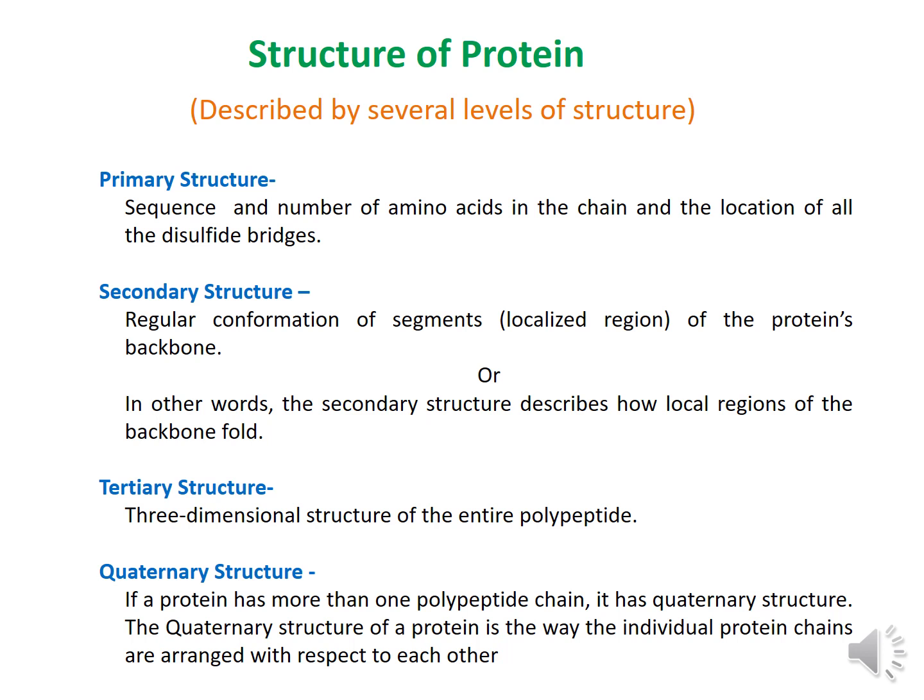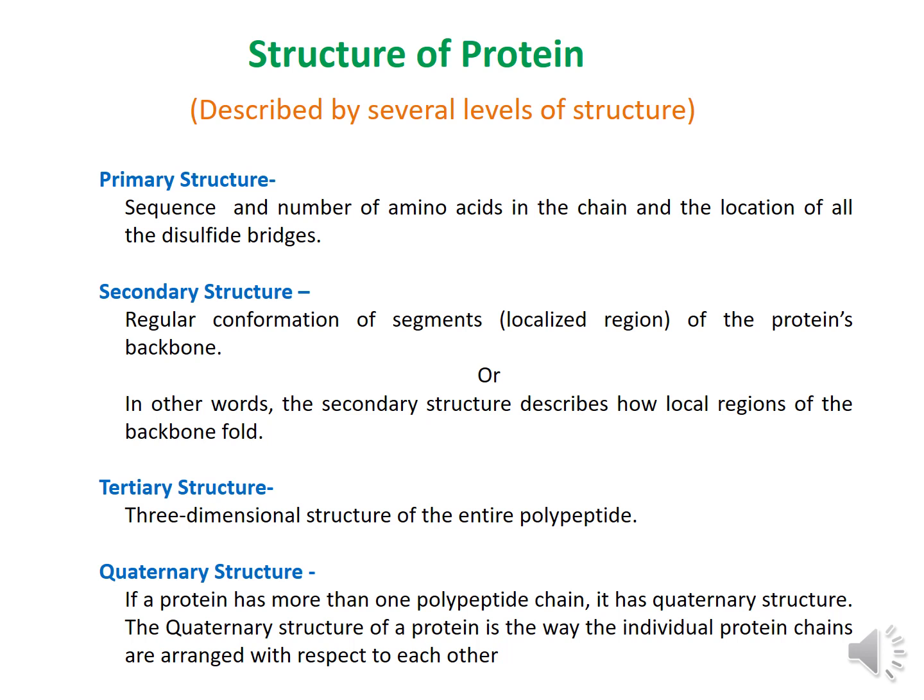The second one is the secondary structure, which describes the regular conformations of segments of protein backbones. In other words, the secondary structure describes how the local regions of backbones fold.